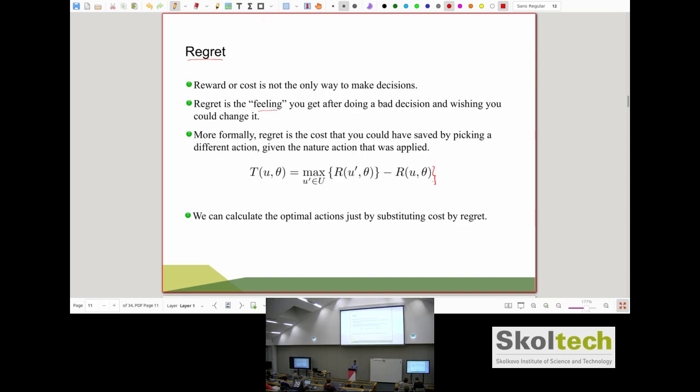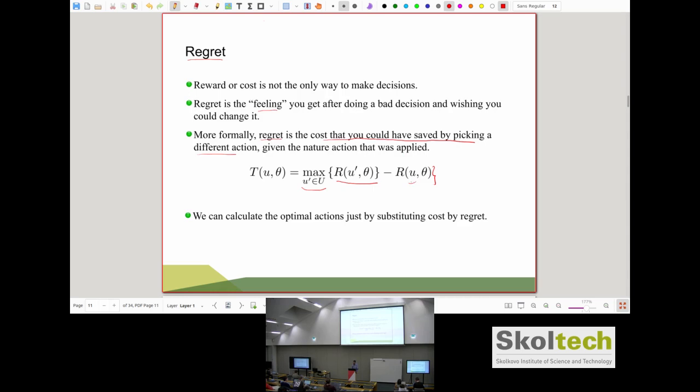Once you calculate the regret, you can solve the problems as we were just saying, doing min-max or expected max. More formally, regret is the cost that you could have saved by picking a different action. In this case, this is the best possible action that you could be taking, and this is what you actually took, okay?